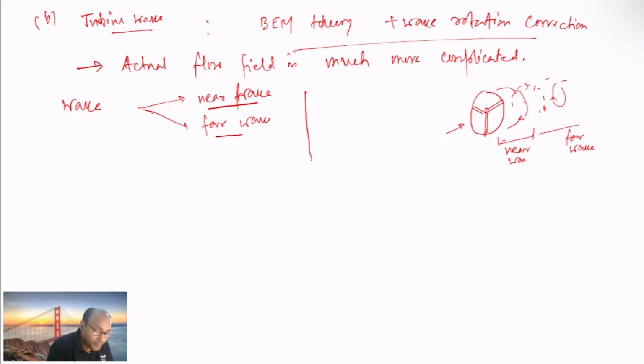So essentially, if you have an aerofoil like that, in a finite blade, this is your trailing edge and this is the leading edge. So the leading edge vorticity is one of them, then hub vortex shedding, then tip loss.